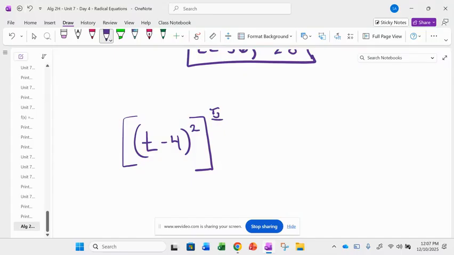Oh, no, 2/5, sorry. Okay, so let's say we have that. So if we're doing this separately, well, I guess we would get the plus minus here.